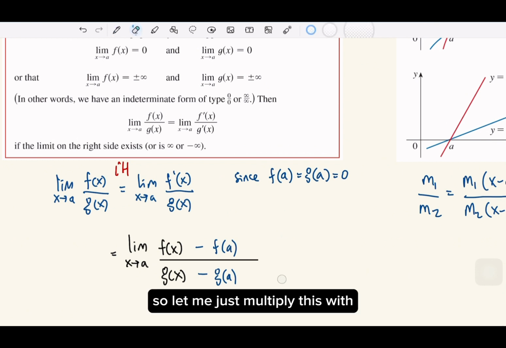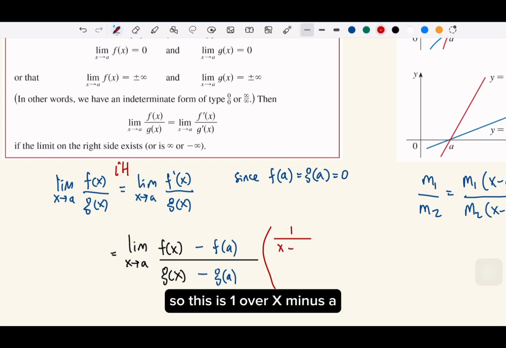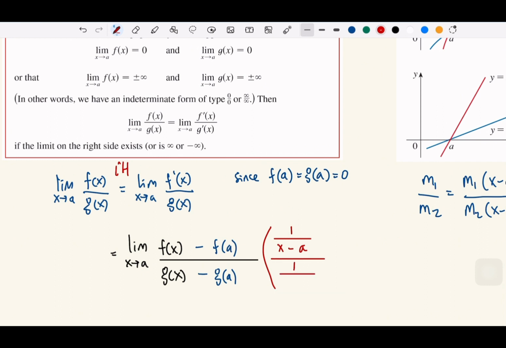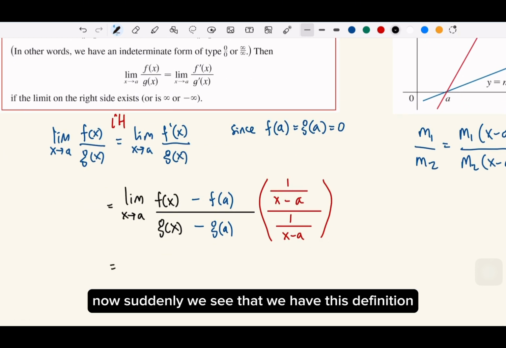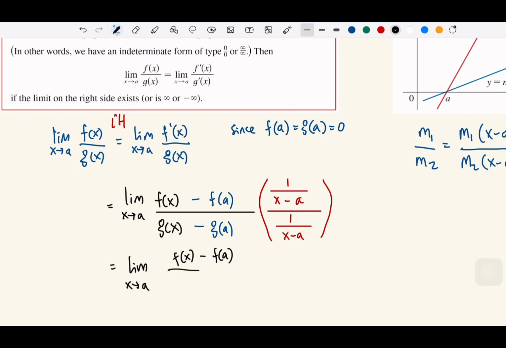So let me multiply this with 1 over x minus a, and the bottom side also 1 over x minus a. Now suddenly we see that we have this definition, f of x minus f of a over x minus a.